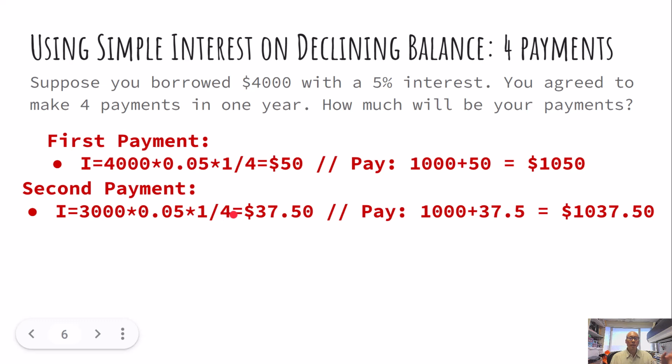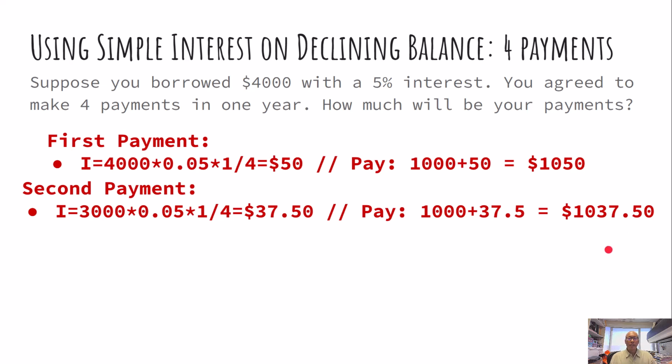So you're going from April to June, and that's only 1/4 of the year. The total interest is going to be $37.50. So with a $1,000 principal and a $37.50 interest, you're going to pay $1,037.50 for your second payment sometime in June.